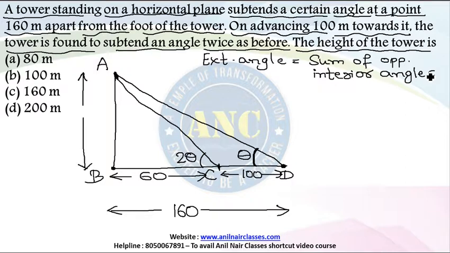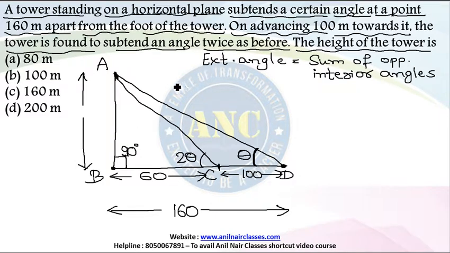I can take theta as 30 degrees, so 2 theta will become 60 degrees. Or I can take theta as 45 degrees, so 2 theta will become 90. But 2 theta does not look like 90 actually. In fact, angle B is 90 degrees. So I will not take any values for theta. Let me solve it in that fashion itself, however it is required.